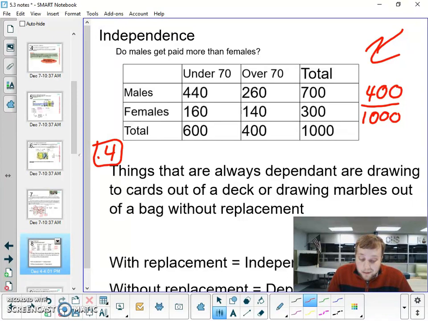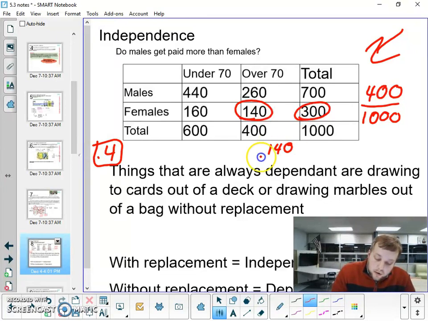However, it might not be. And so how do we test to see if women have different? Well, what you do is you just take how many women are getting paid over their total, and we go 14 over 300. And this should be 40%, right? Otherwise, something's a little screwy here.